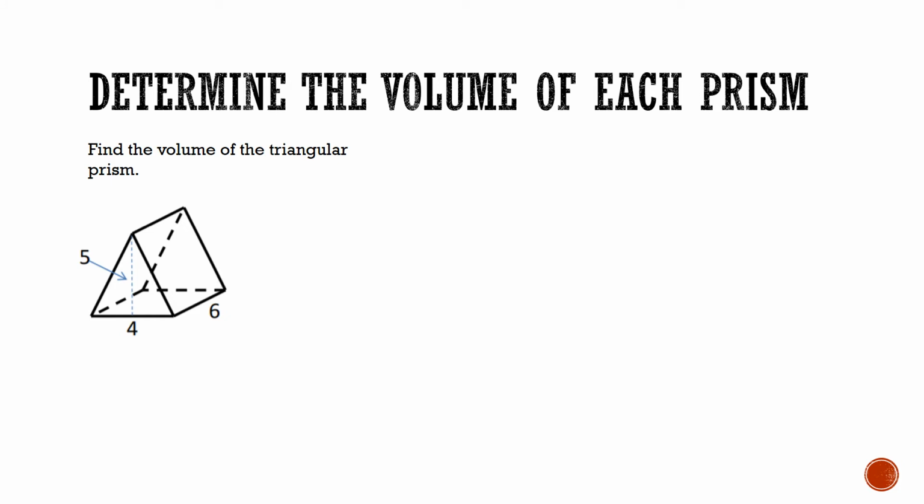Determine the volume of each prism. Remember, now we're going to do a triangular prism. So that means the bases are triangles. So we're going to highlight our triangles, because those are our bases. And then remember we're dealing with a prism, so volume equals area of the base times the height. And then we would find the area of a triangle.